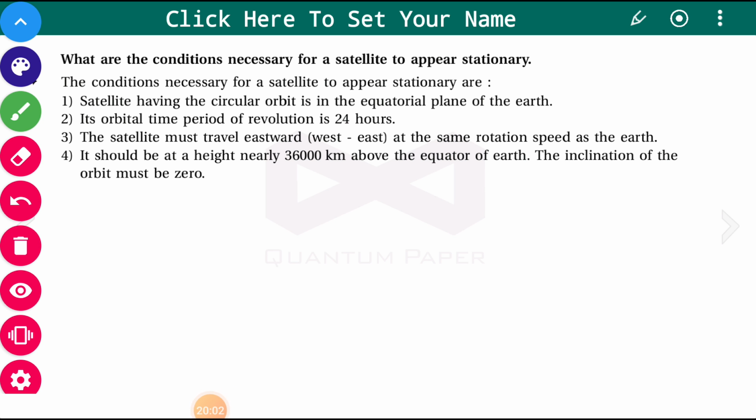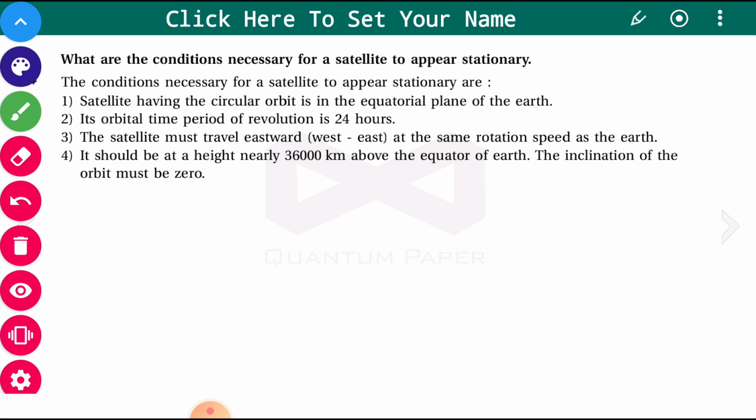Now, what are the conditions necessary for a satellite to appear stationary that we have slightly discussed? The satellite, having a circular orbit, is in the equatorial plane of the Earth. Its orbital time period of revolution must be 24 hours.